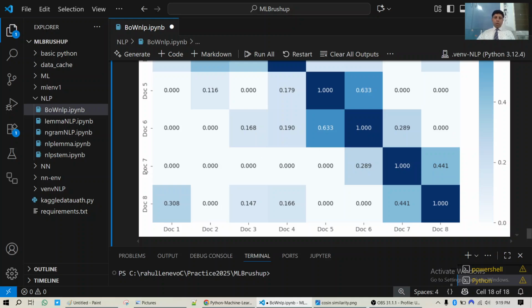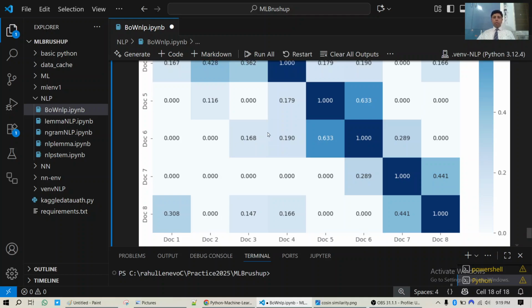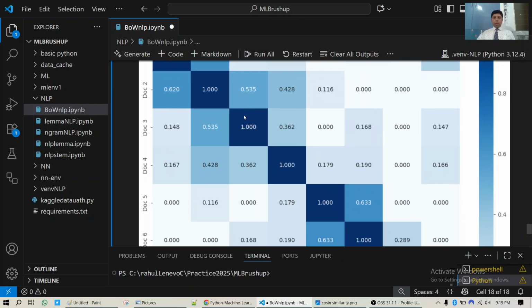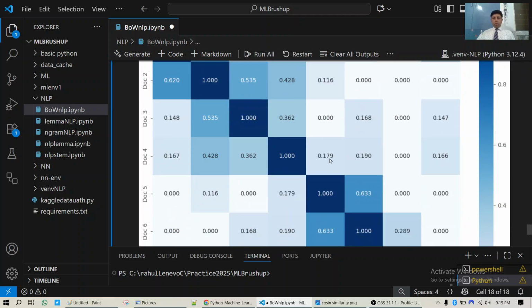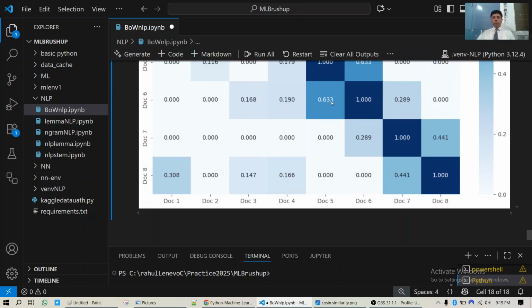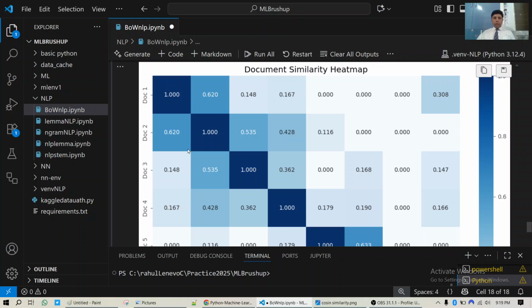Document 6 and document 5 have a similarity of 0.6. Document 8 and 1 have a similarity of 0.38.